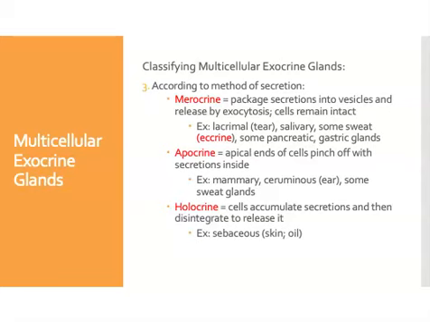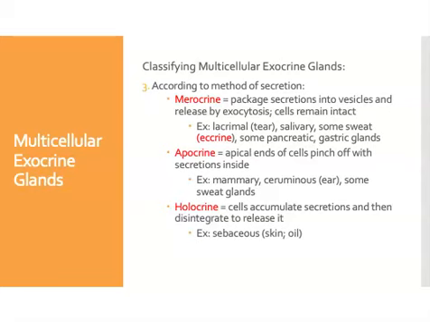But the method of secretion can vary. There are 3 types that we should be familiar with. What's called merocrine secretion, what's called apocrine secretion, and what's called holocrine secretion.